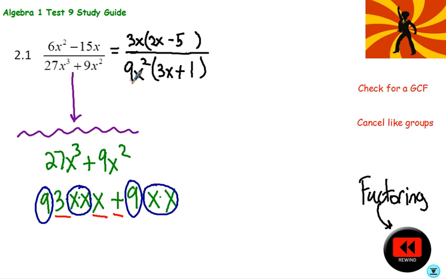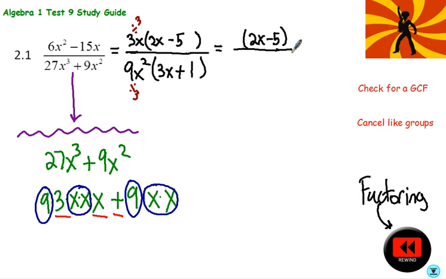So this is very similar to what we just did on the last one. You divide the coefficients, the numbers in front, and then subtract the exponents. So 3 divided by 3 would just be 1, and 1 times anything would just be itself.